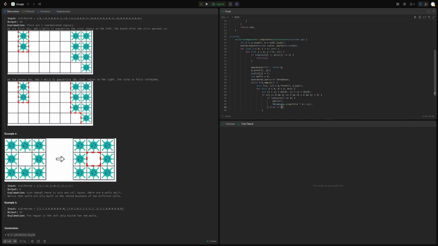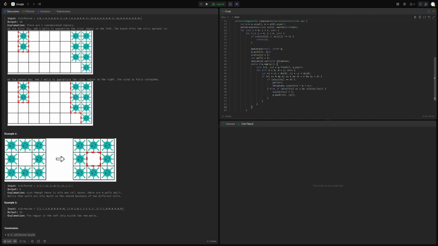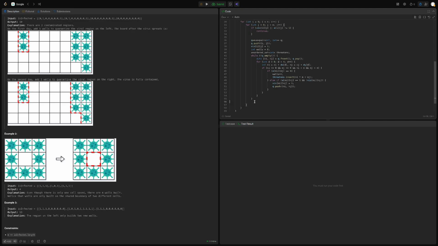Else if the new cell is 1, maybe, and not visited, that might work, and then we mark visited and push that pair into the queue, and then we push to answer.